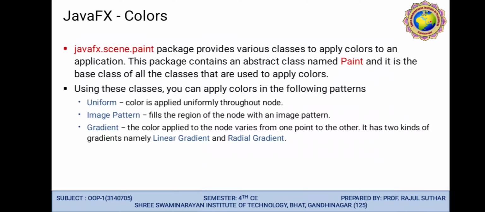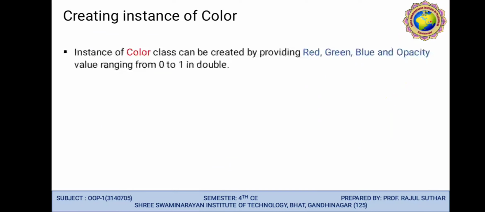Image pattern: we can fill the region of a node with an image. Gradient: the color applied to the node changes from one point to another point. It has two kinds of gradients, namely linear gradient and radial gradient.